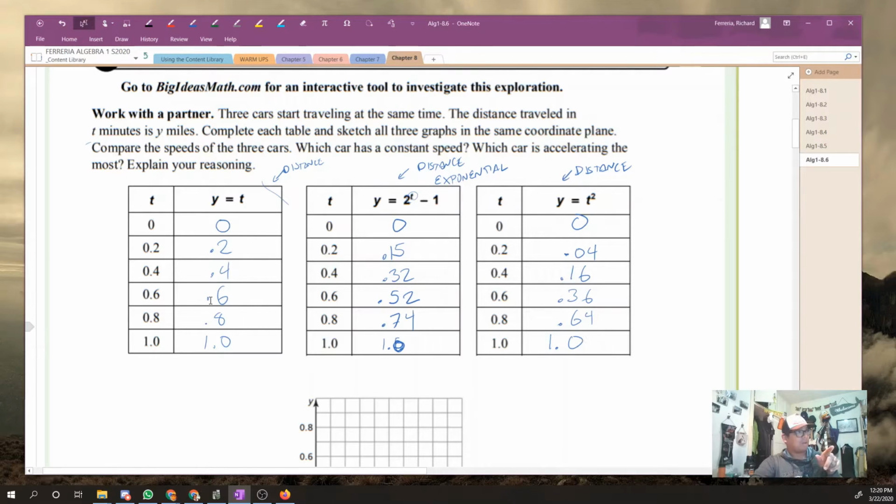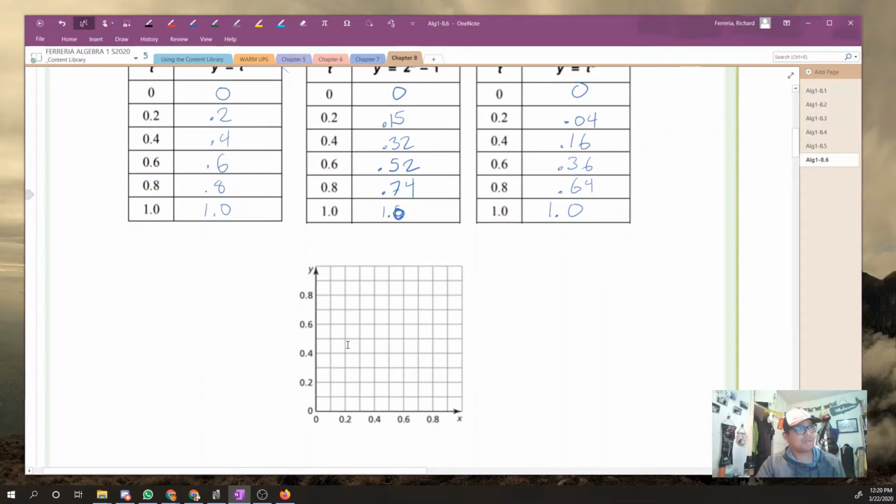At 0.6 and 0.8, it's the exact same order. So as we read this chart from left to right, we are in the order that they finish, or their apparent speeds. Take a second to put these graphs in the chart. I'm going to do that for you as well.